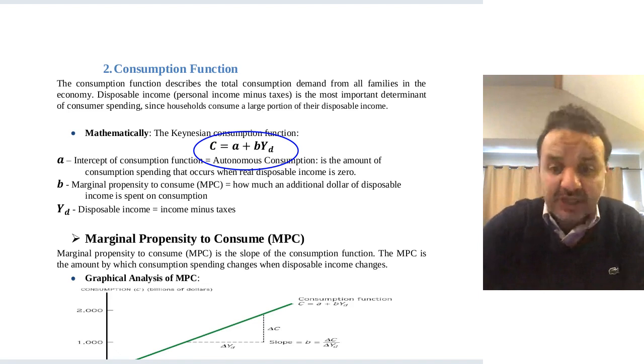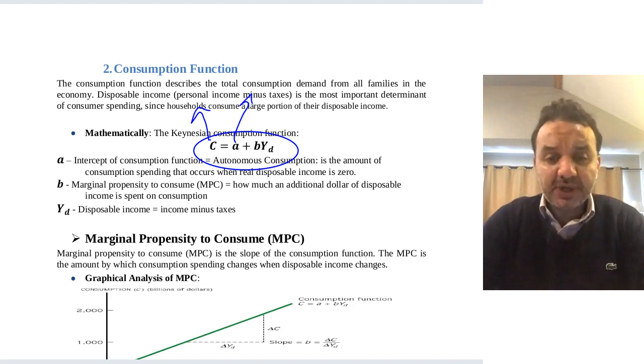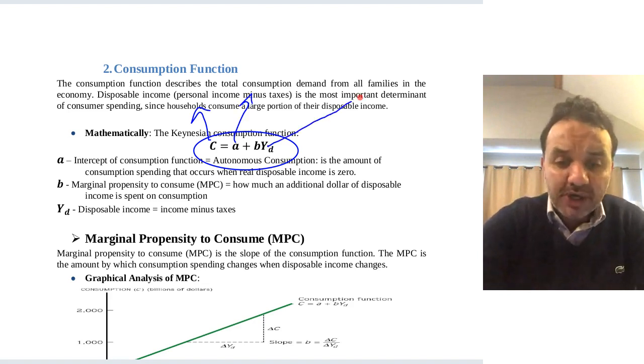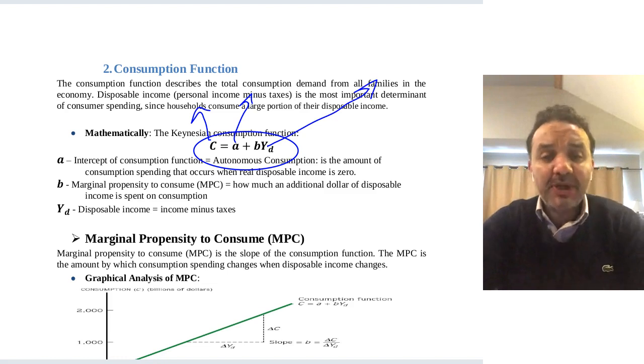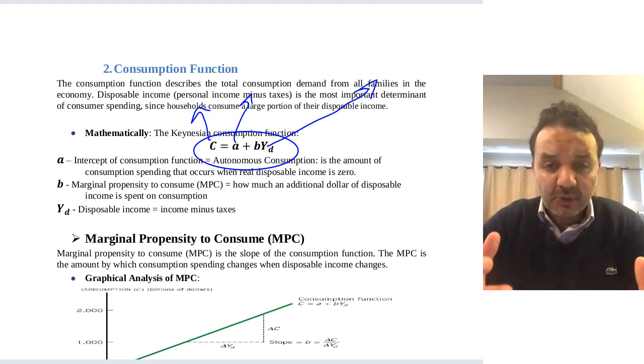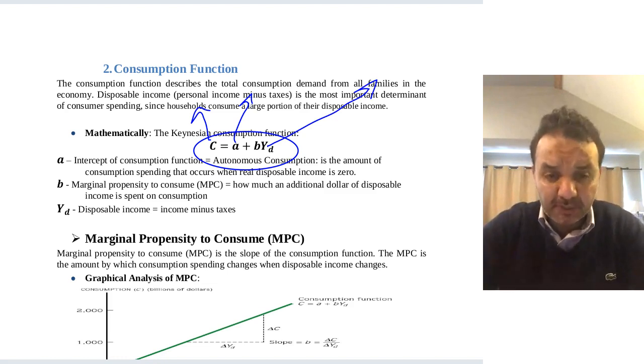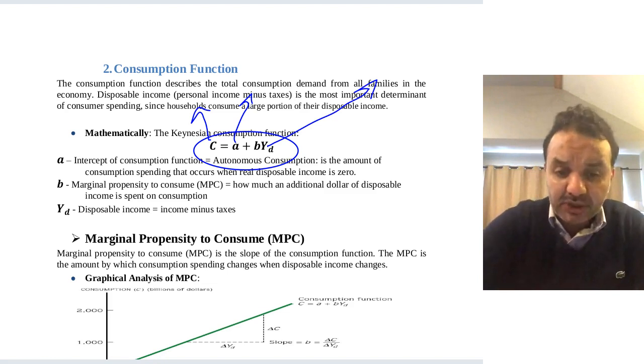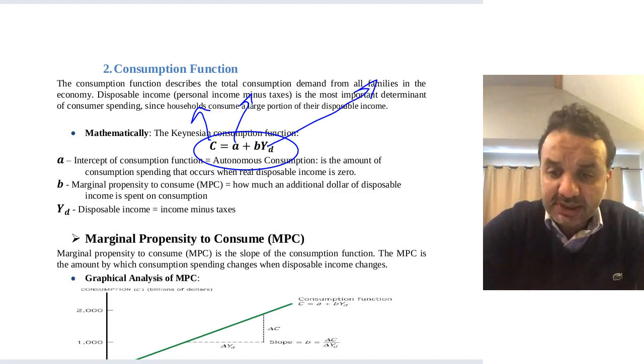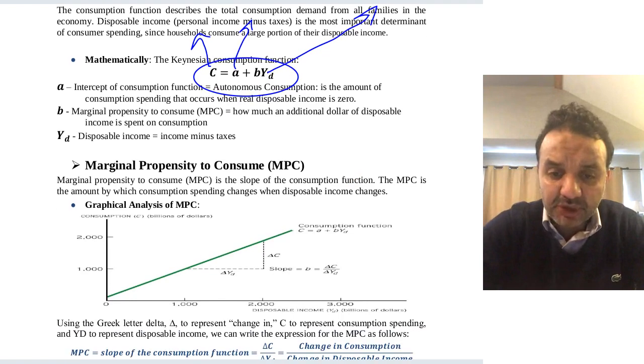C stands for consumption, as you know, and A is an intercept or a constant, and Y is your disposable income, whatever net income you get from your job. Let me explain this in more detail.